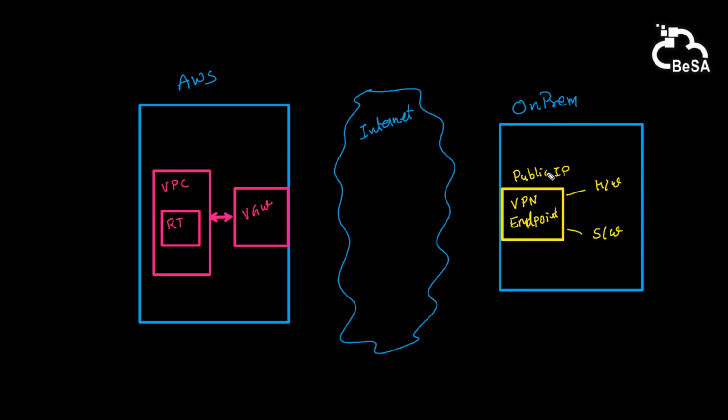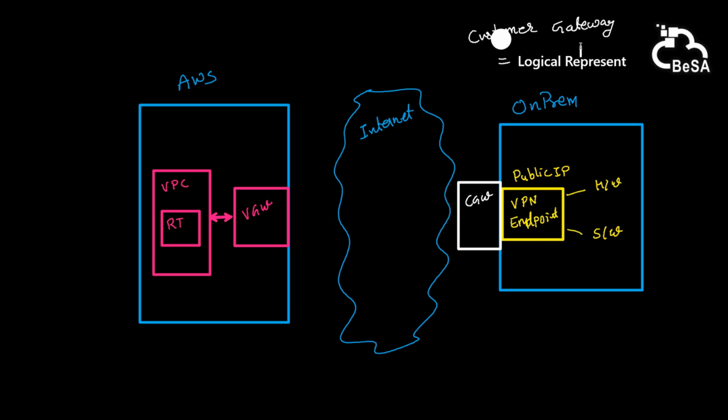Now, what you have to do, you have to create a link to that, and for that we create here something called a CGW. Now this confuses a lot of people. CGW stands for customer gateway. What is a customer gateway? Customer gateway is a logical representation of the customer end of the VPN connection.